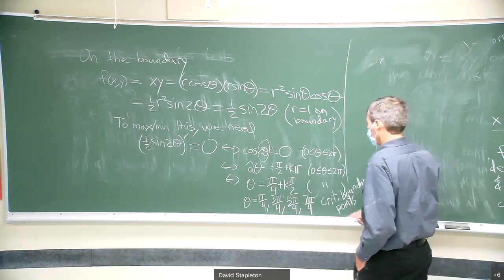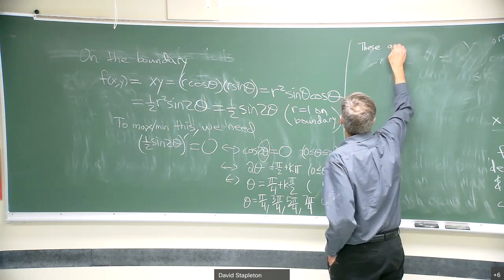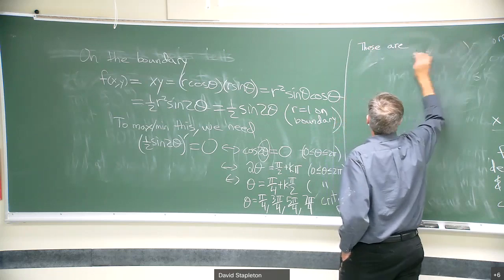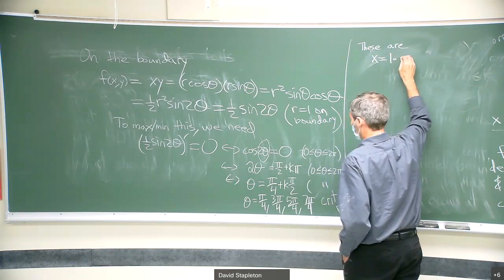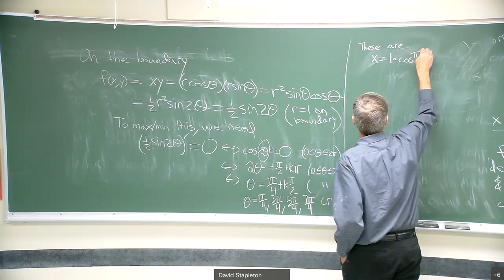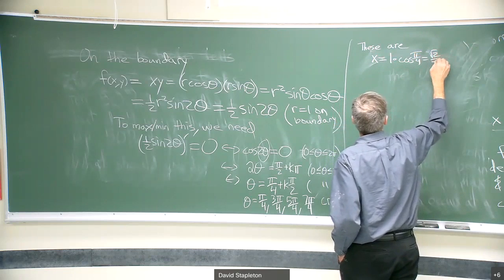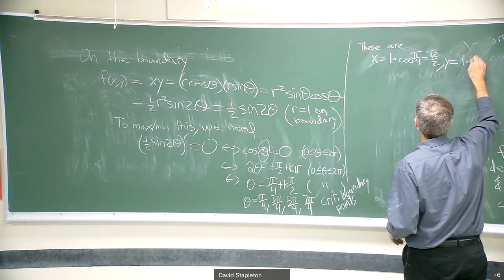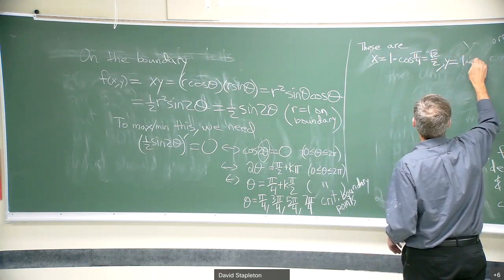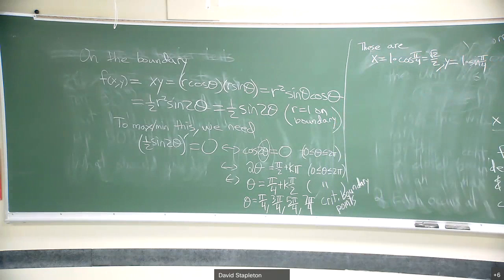And these points here are where x equals r cosine theta, which is 1 times cosine pi over 4, is square root of 2 over 2. And y equals r sine theta is 1 times sine pi over 4.